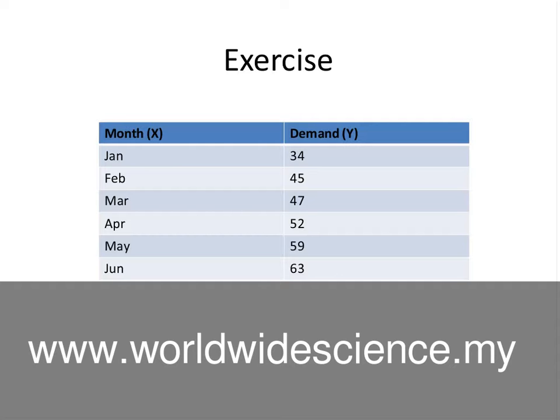Y is clear here: 34, 45, 47, 52, 59, 63. Very good. Sigma y is 300 and y bar is equal to 50. Very good, yes.